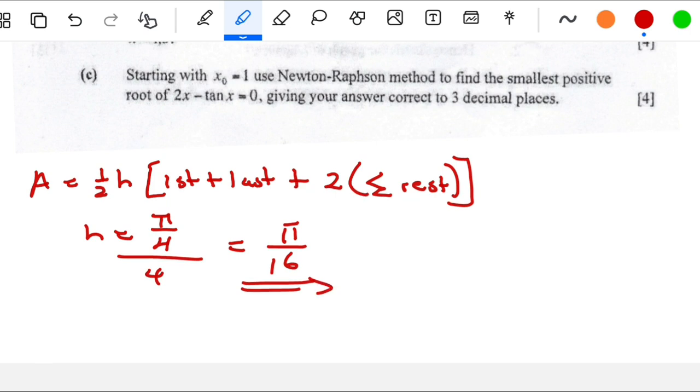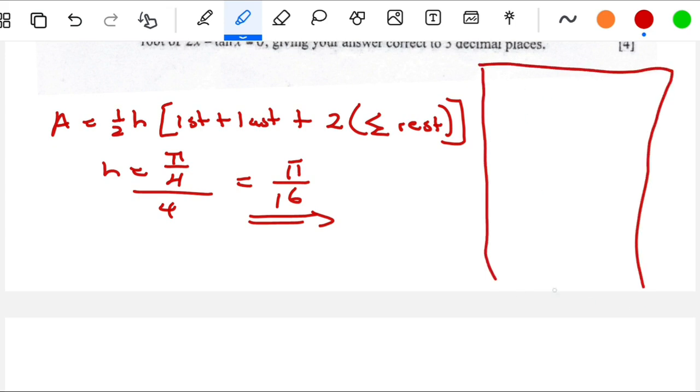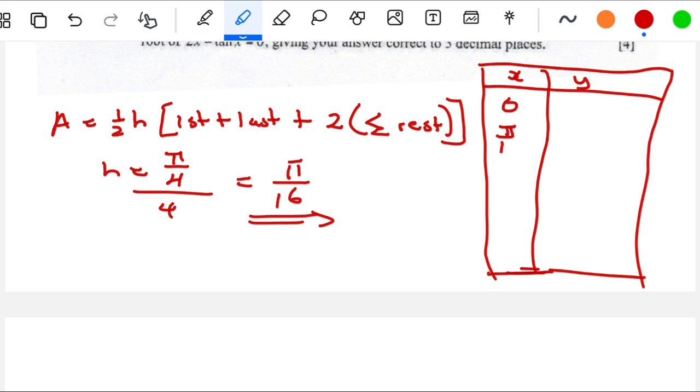So we have our h. Now we need to find those ordinates. So let's do a table here. We've got x here, and then we've got y here. So let's find that area under the graph. Here we've got 0, pi over 16, pi over 8, 3 pi over 16, then lastly pi over 4.